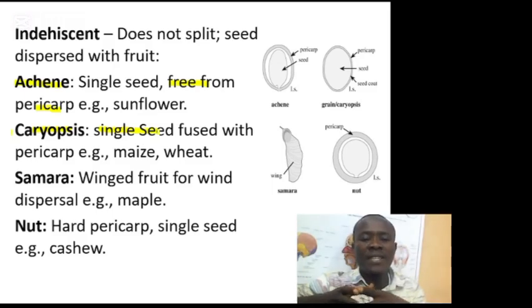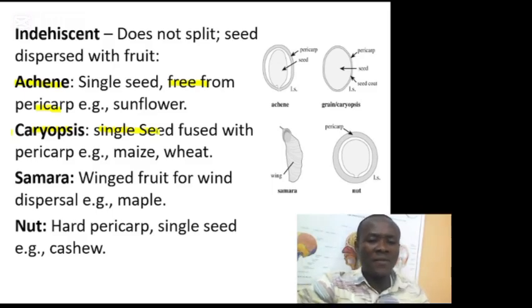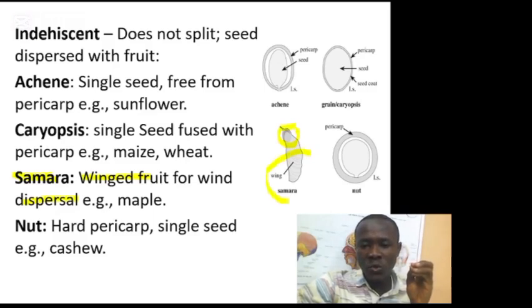Examples we have are maize and wheat, and we have samara, which is described as the wing fruit. They are the only fruit that have a wing on it, which they can use for dispersal, like we have here. This is the fruit that we have here, and this is the wing which they can use for dispersal.